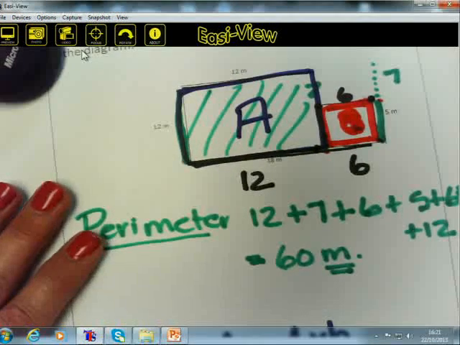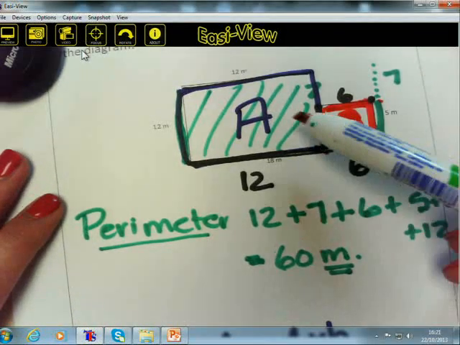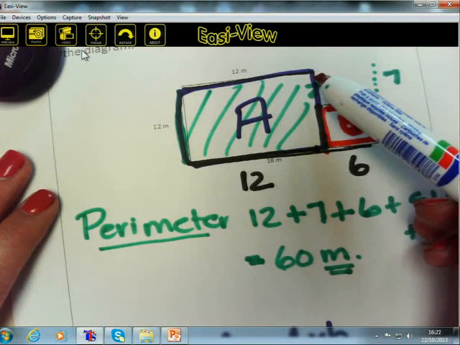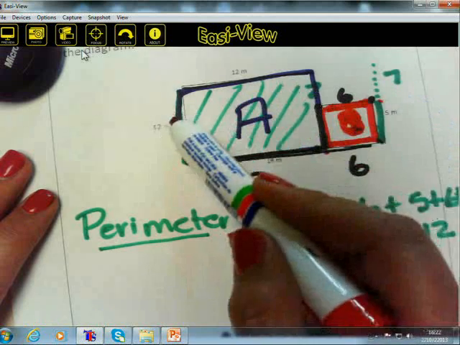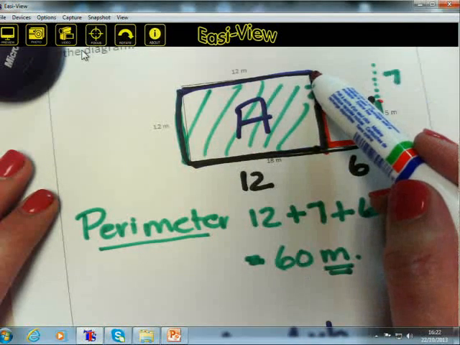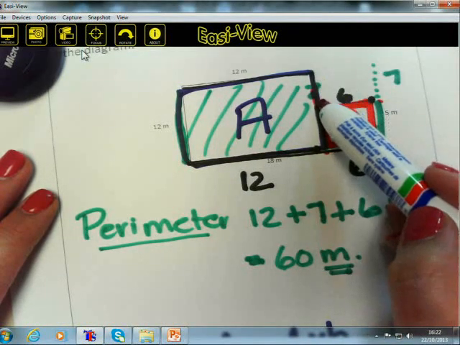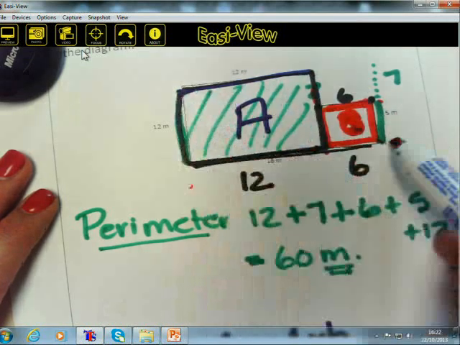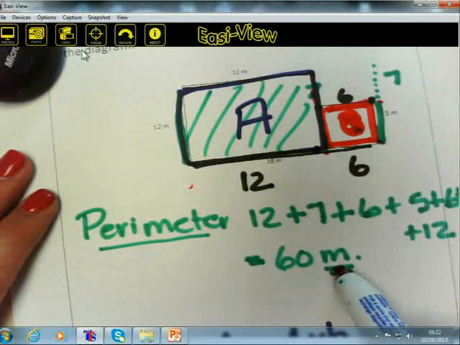Let's quickly recap on this. The first one, we did the perimeter. We had to deduct these two from each other to get that length that they didn't give us. Then we added all the sides together to give us the perimeter.